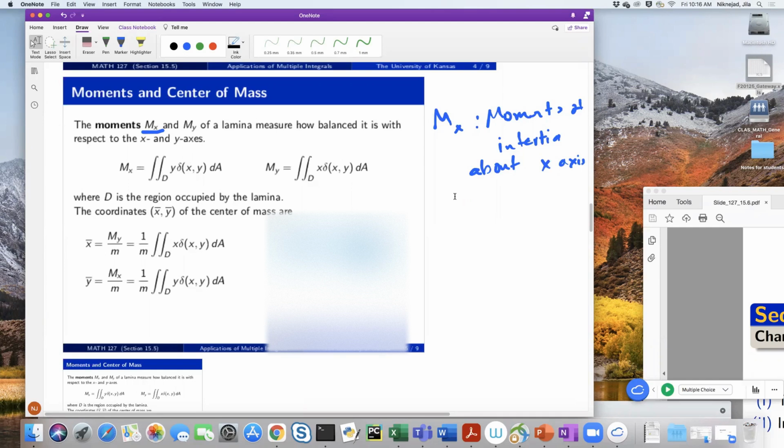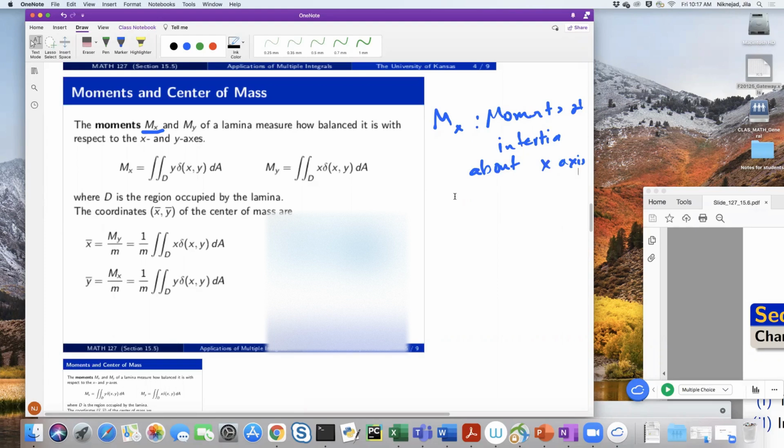So what is happening? If you're looking at the rotation about the x-axis, you're basically finding, for little infinitesimal Riemann pieces on the lamina, the mass of that little piece, and then you multiply by the distance of that piece to the axle of rotation.